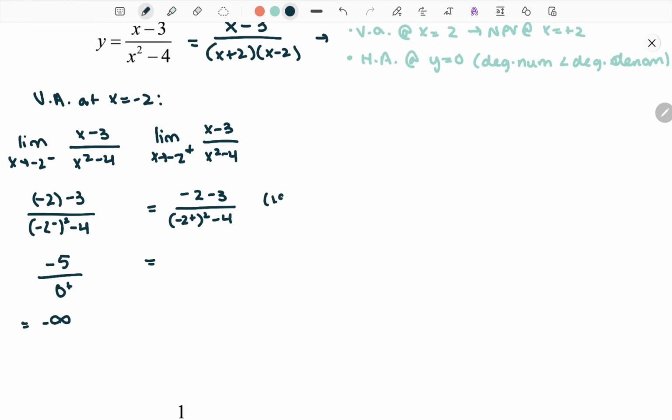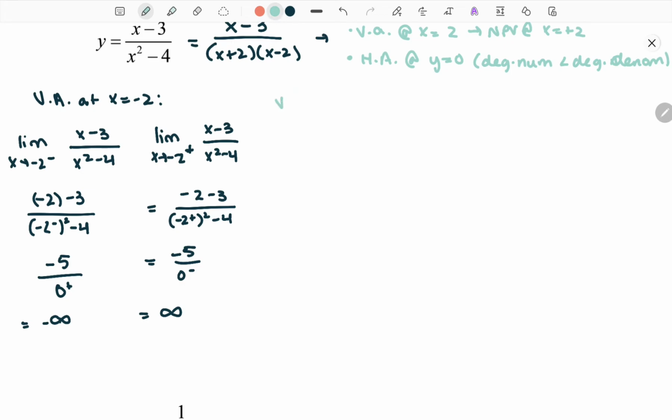It's like taking 1.999 and squaring it. It's only going to give you 3.999. So when I subtract 4, I'm overall negative on the bottom. So I get a -5 over a slightly negative 0, which means this thing actually approaches positive infinity on the right side.